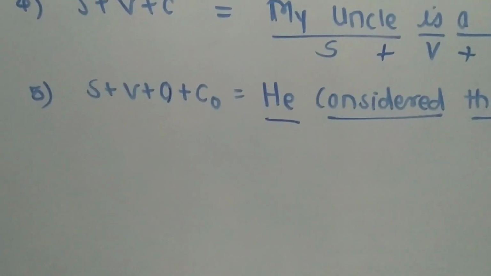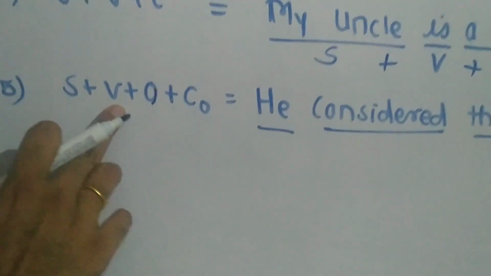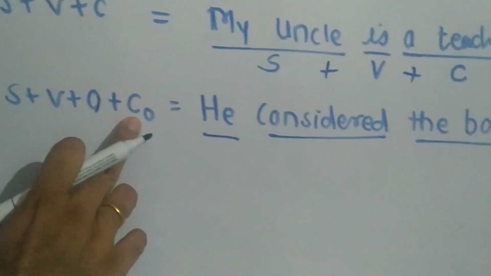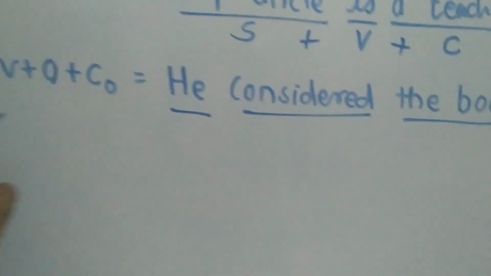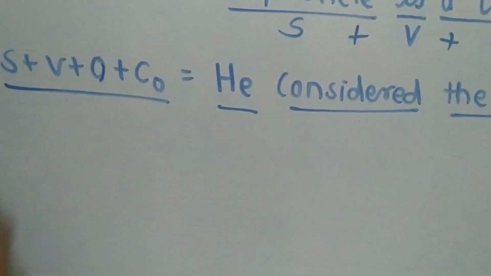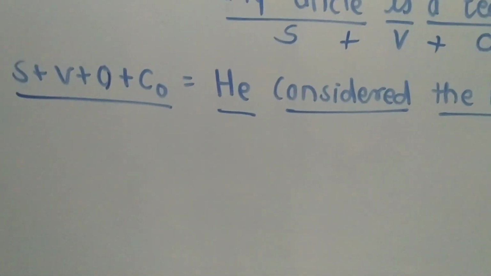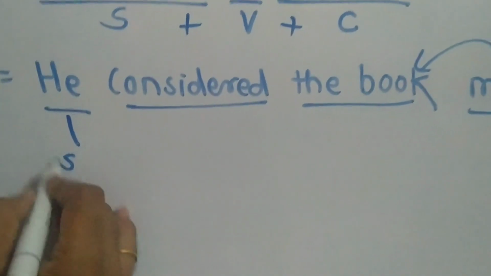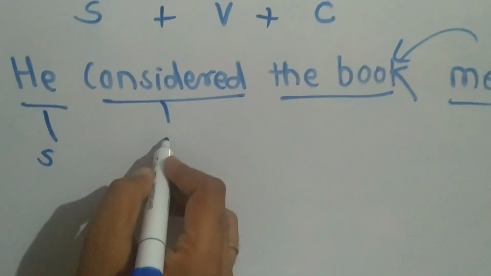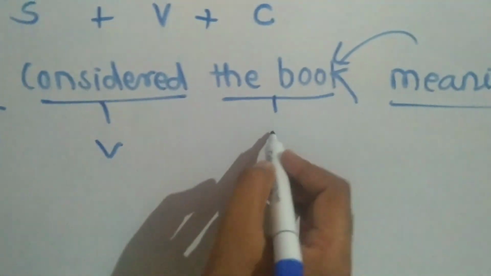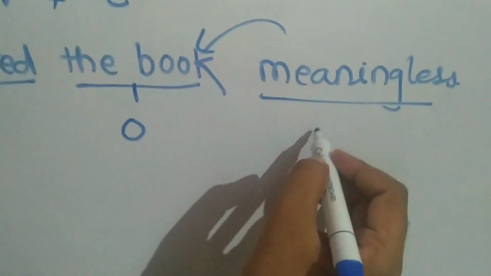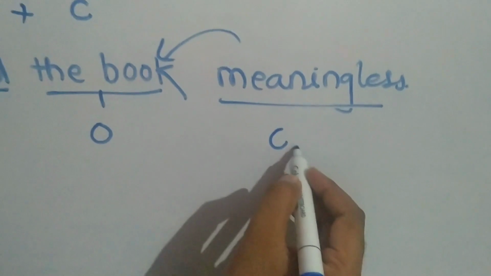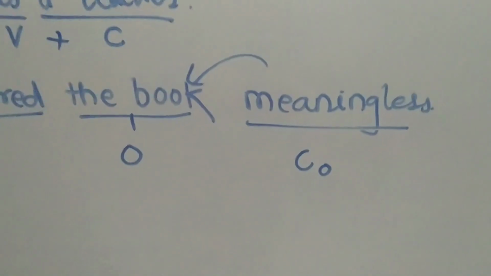Now the last sentence pattern is subject, verb, object and object complement. This is the short form: S, V plus O plus OC or CO. Now see, he is the subject, considered is the verb, the book is the object, and meaningless is the object complement.